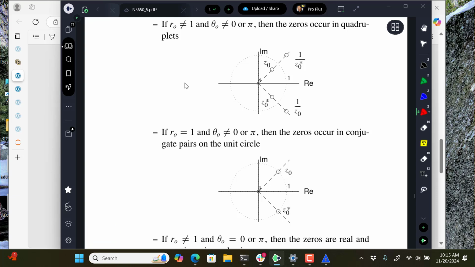For linear phase FIR filters, zeros have to occur in certain types of clusters, and the fundamental cluster is if they're not on the unit circle and not on the real axis, then in order to have real coefficients, that's a bunch of ifs, right? But if that's true, then zeros always occur in quadruplets.